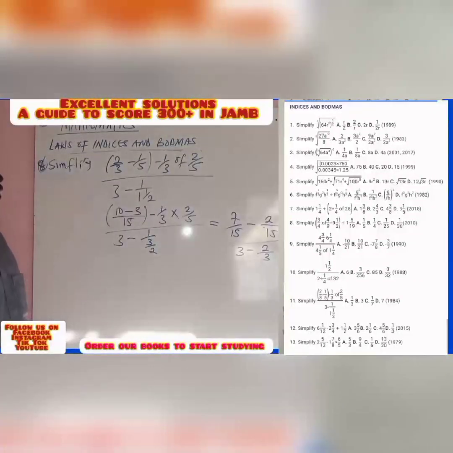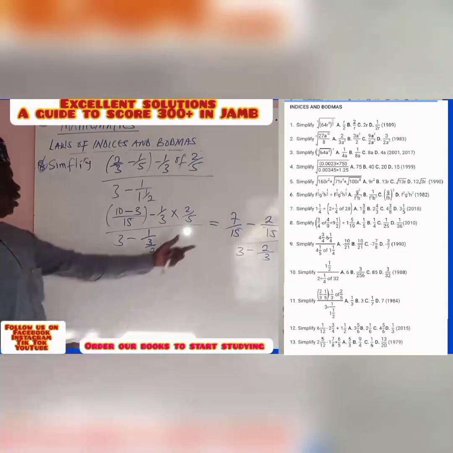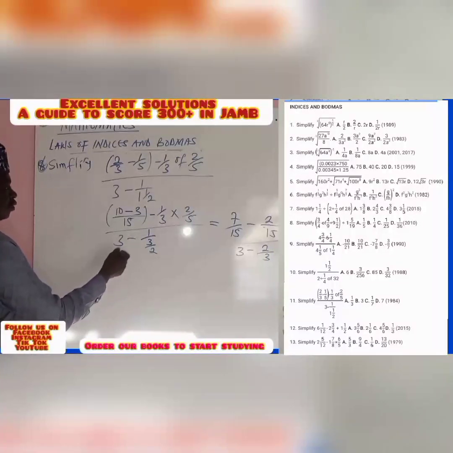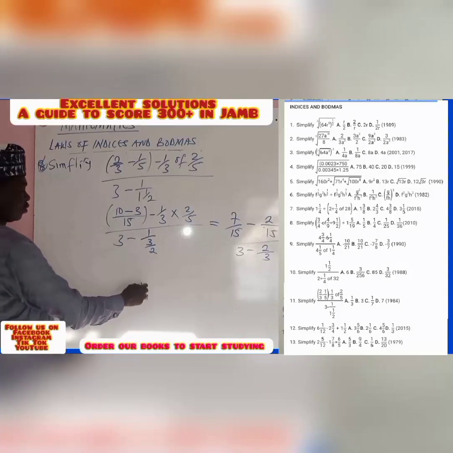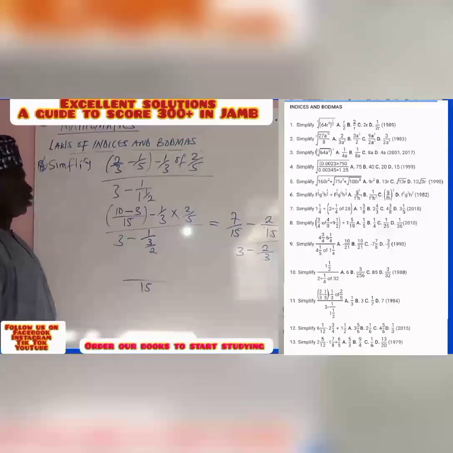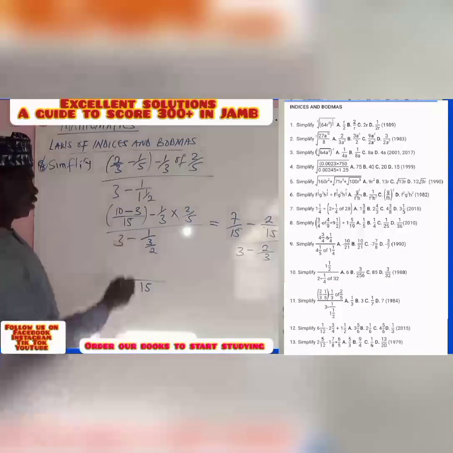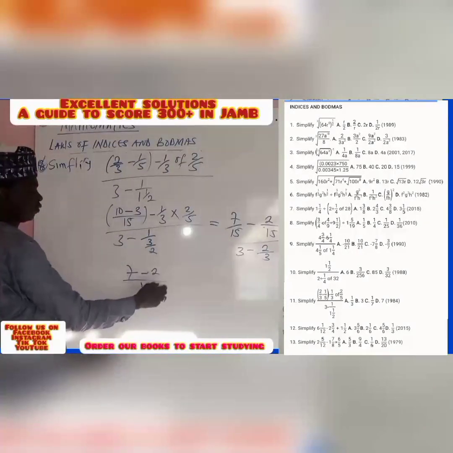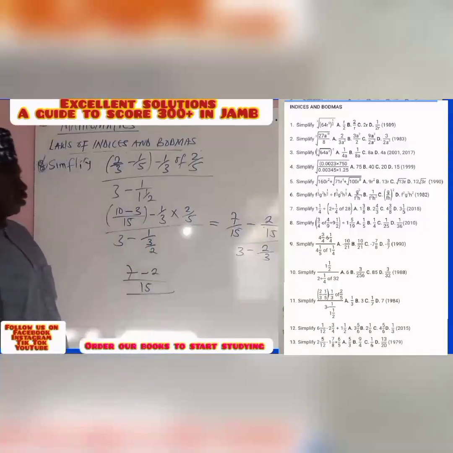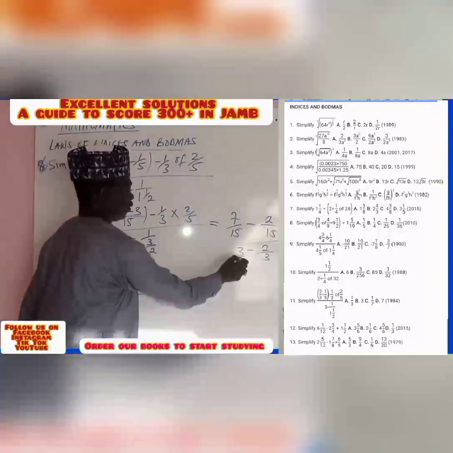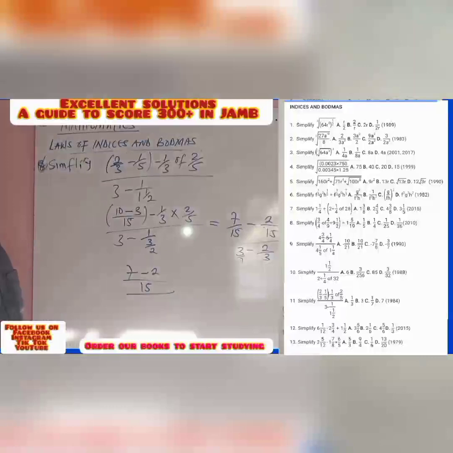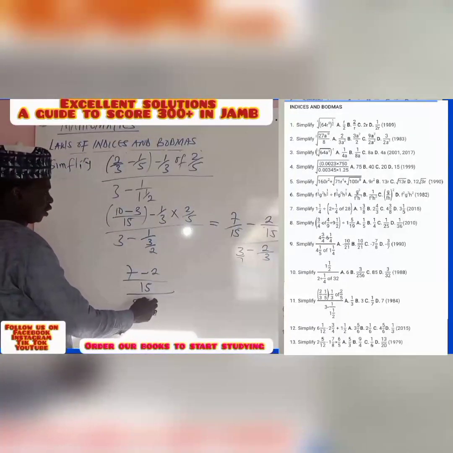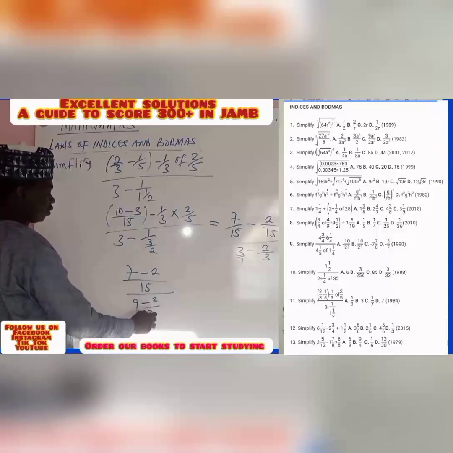So in this case, we are going to have the LCM of the numerator, we have 15. So 15 by 15 is 1. 1 times 7, we have 7 minus 2 over 15 all upon, the LCM of this one is 3. So 3 times 3, we now have 9 minus 2 over 3.